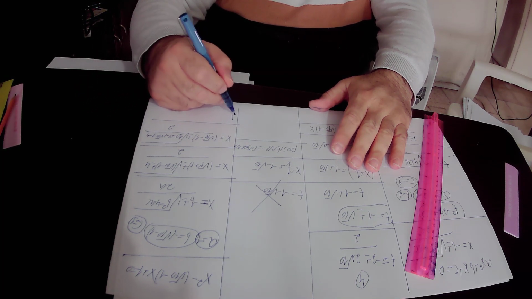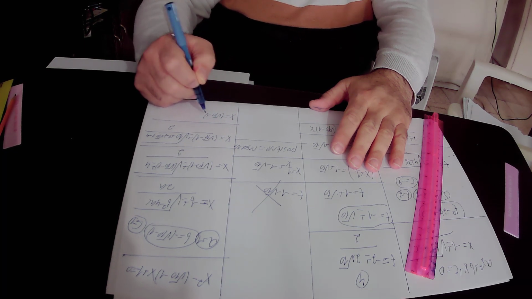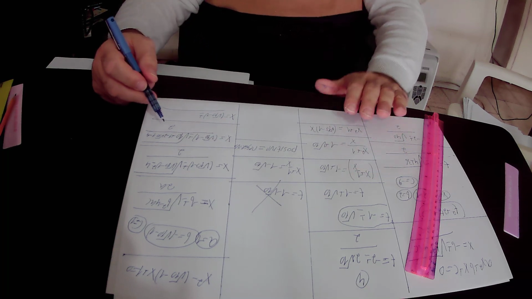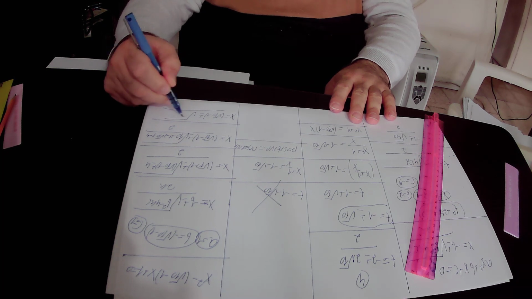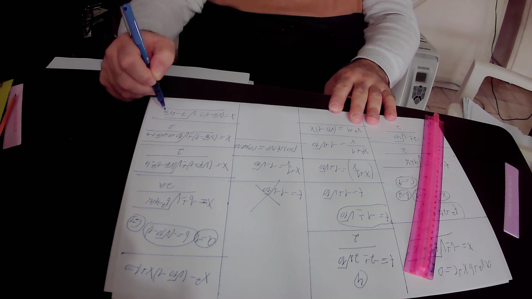So we get here that x equals square root of 10 minus 1 plus minus, inside the root we have 11 minus 4 is 7 minus 2 times square root of 10, all divided by 2.